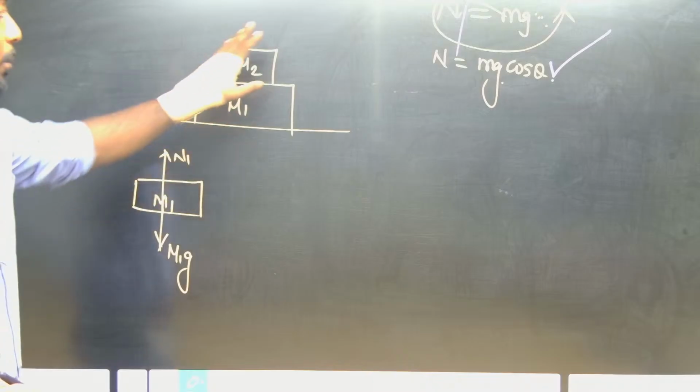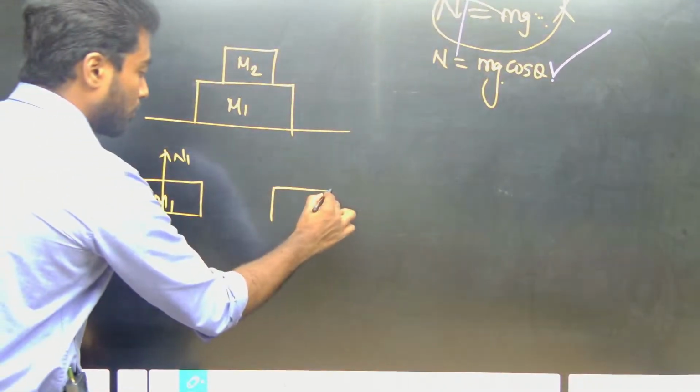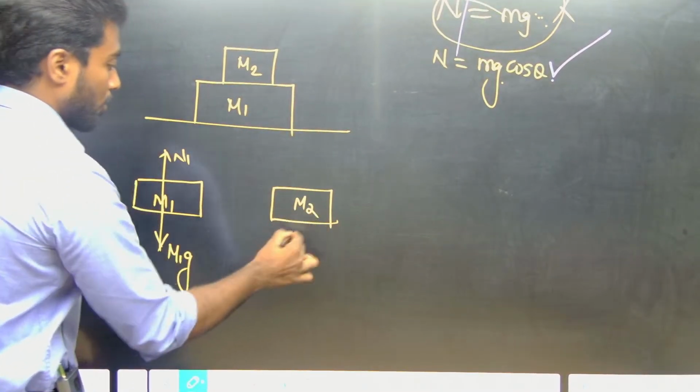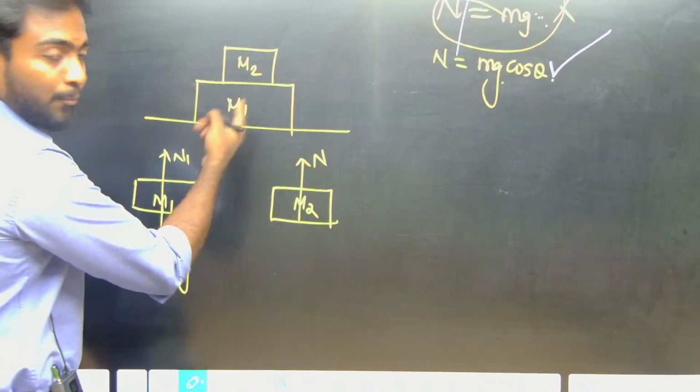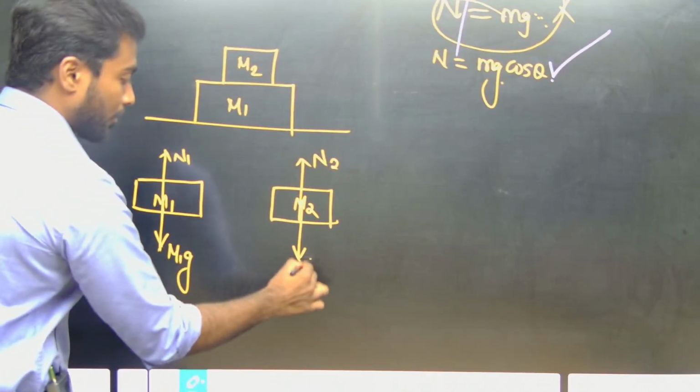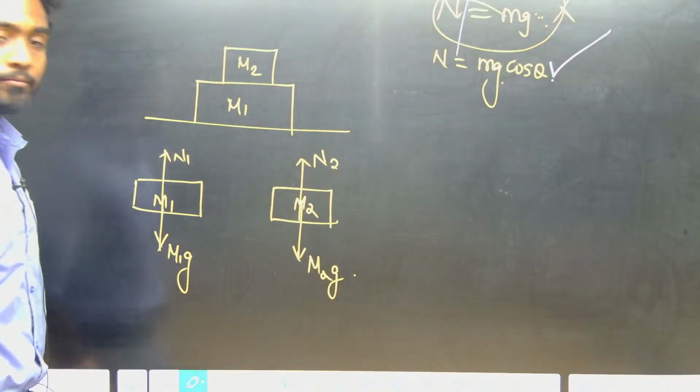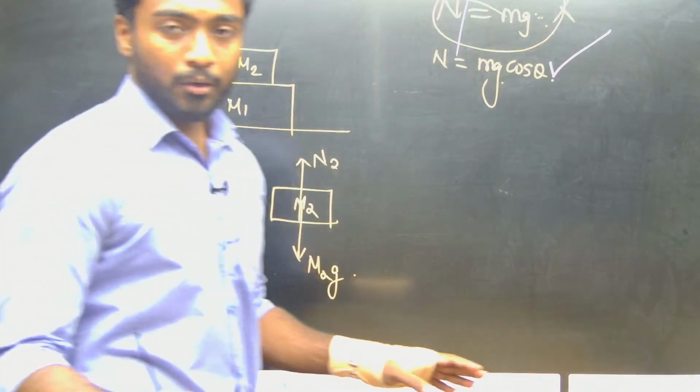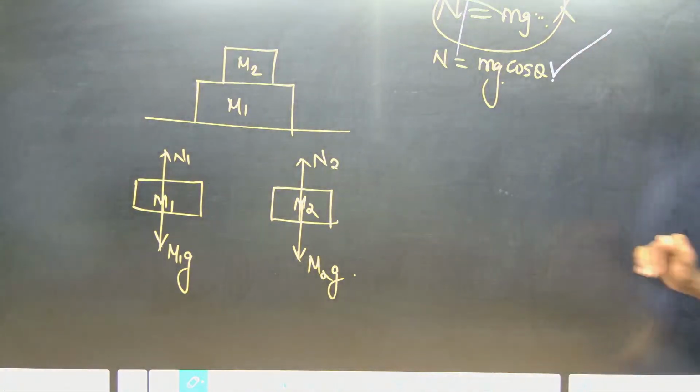Okay, fine sir. What about m2, sir? For m2, one normal force from m1, that is n2, and this is m2g. Got it? Fine. Any doubt over here?